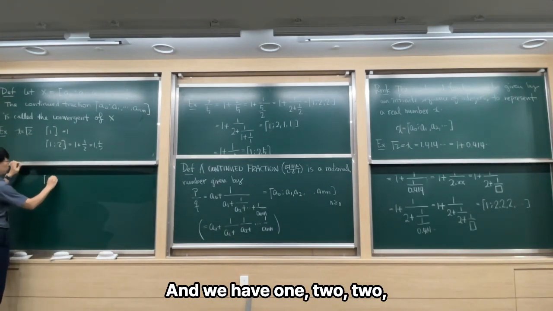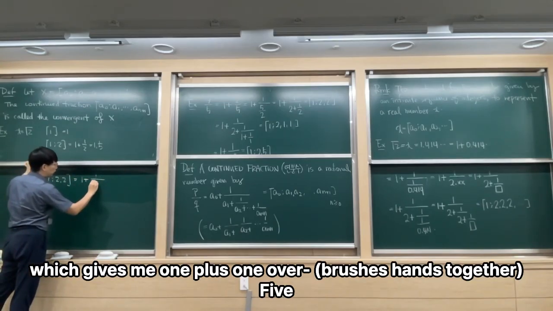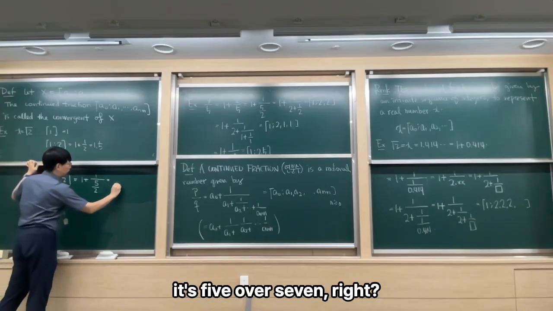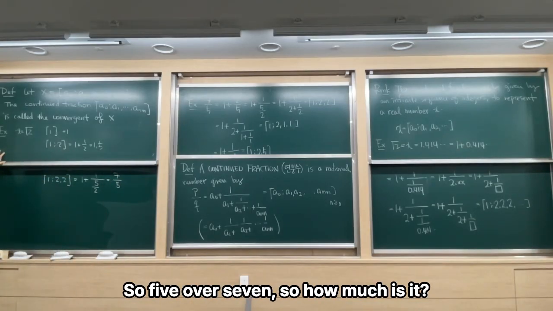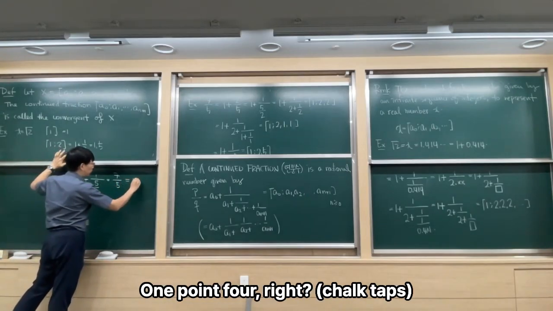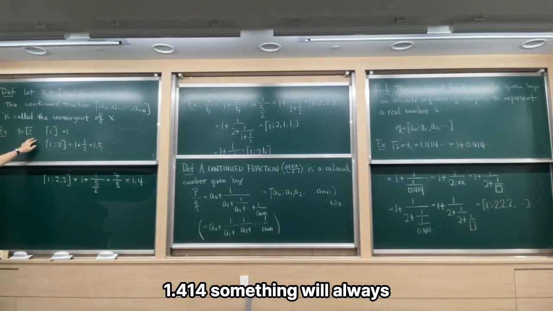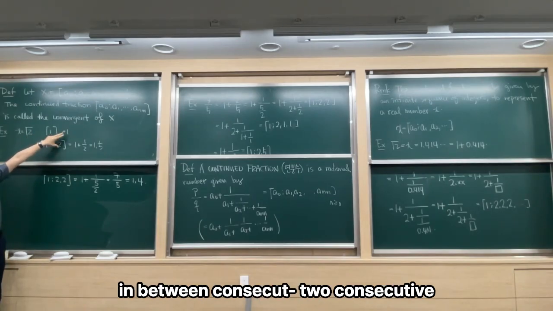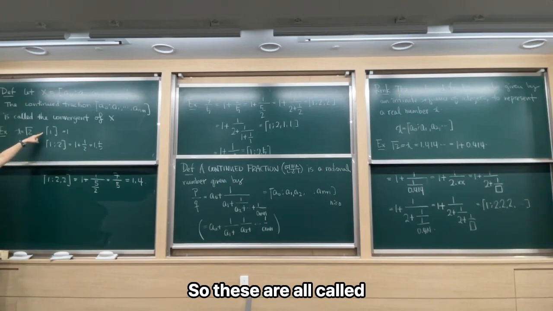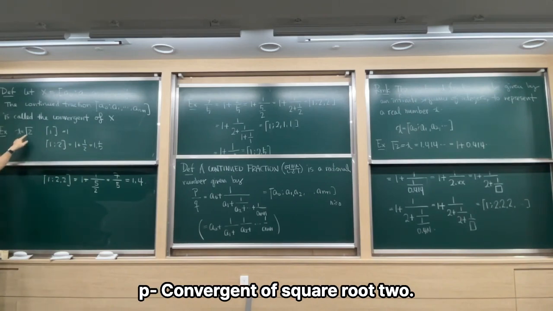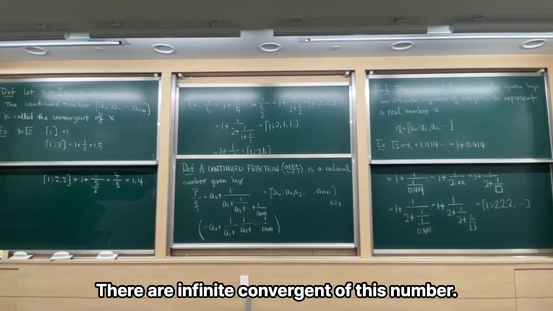We have 1, 2, 2, which gives me 1 plus 1 over 2 plus 1 over 2, so it's 7 over 5, right? So how much is it? 1.4, right? So you can see this number, 1.414 something, will always be in between two consecutive continued fractions of the sequence. So these are all called convergents of square root 2. If I can go forever, there are infinite convergents of this number.